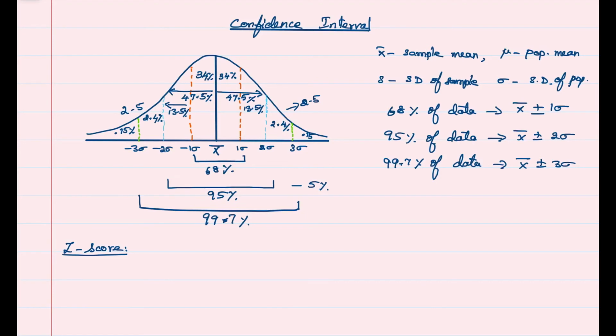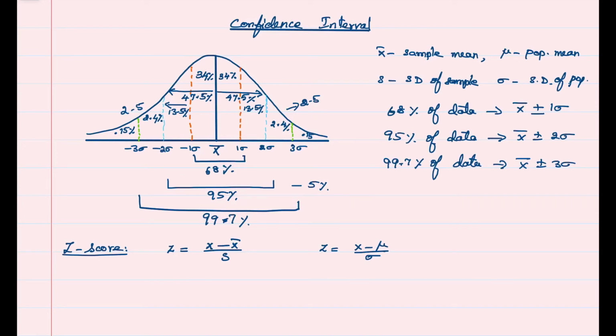Z-score gives us an idea of how far from the mean a data point is. For example, we can calculate the z-score of a data point from the sample mean as x minus x bar divided by s. Whereas, if we use mu and sigma for the population, then the z-score of a data point will be x minus mu upon sigma.